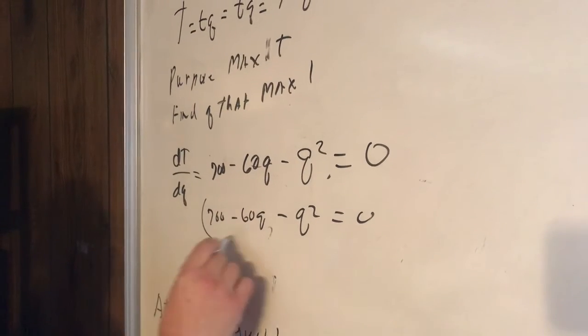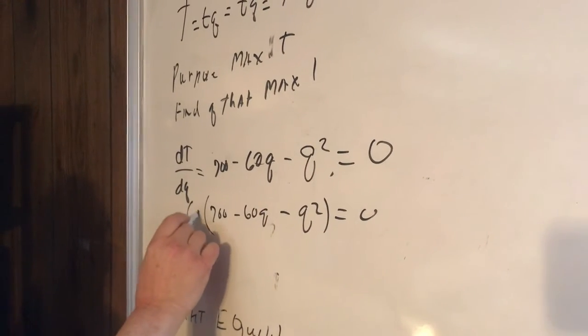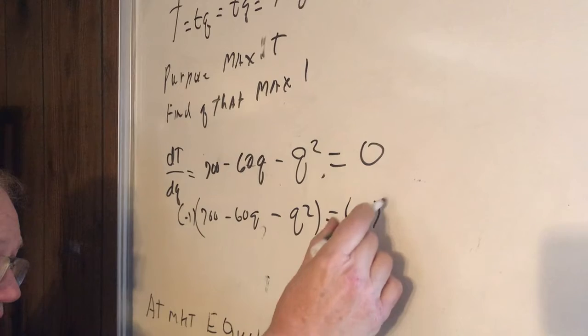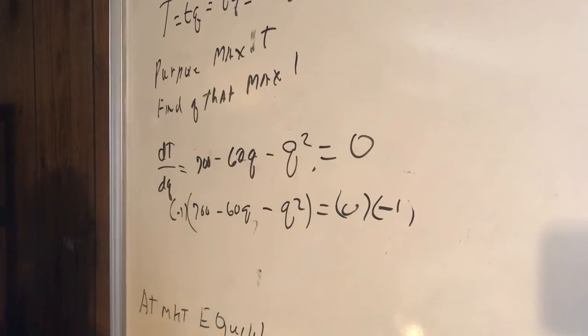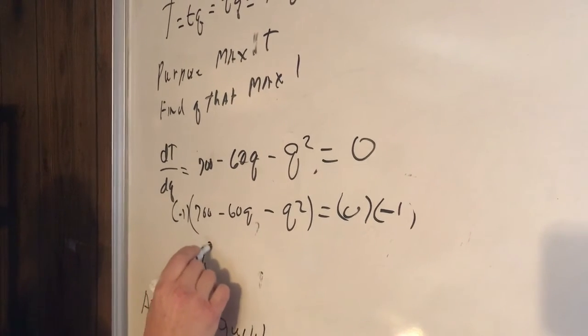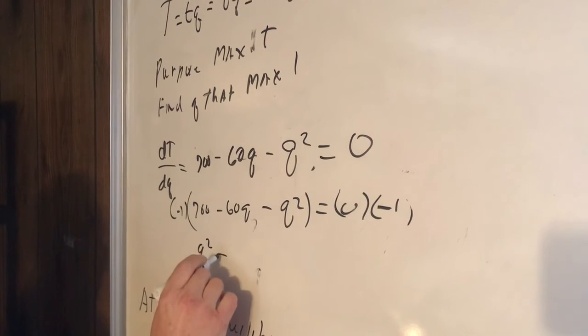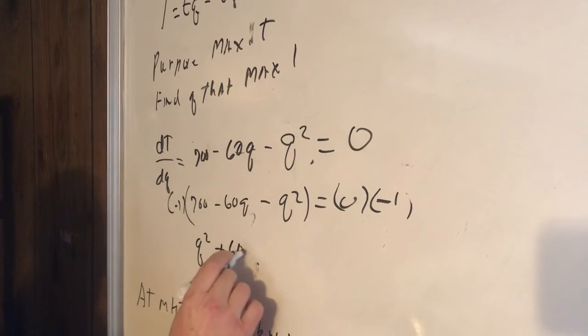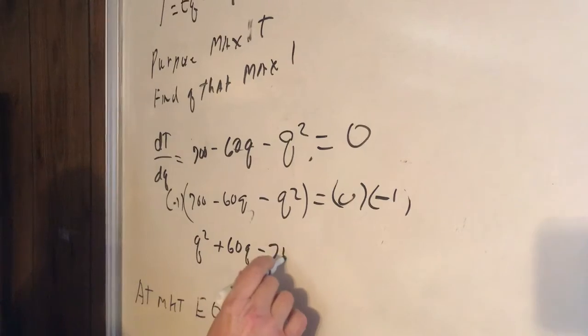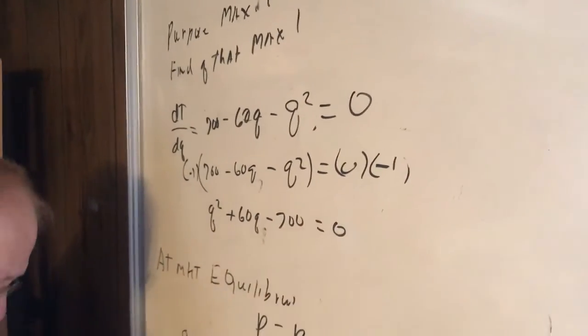I like positives in front of my Q squared, so I'm going to multiply by minus 1. So I'm going to get Q squared plus 60Q minus 700 equals 0.